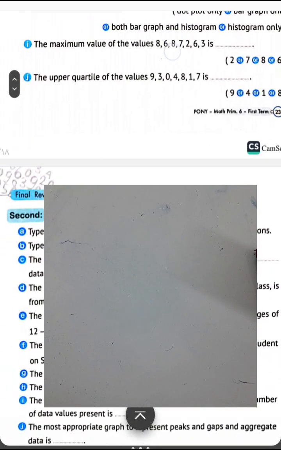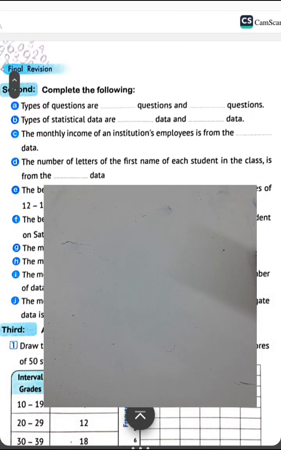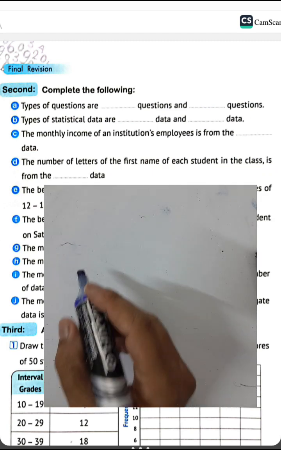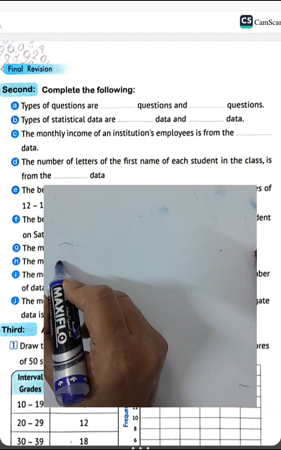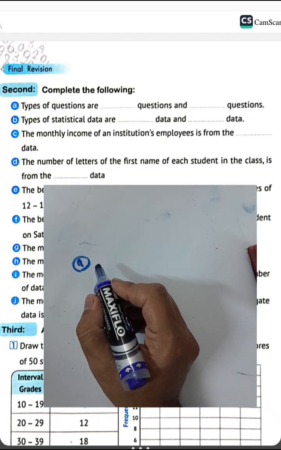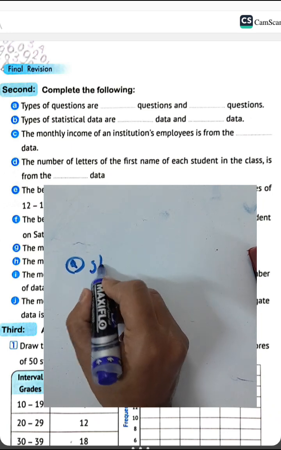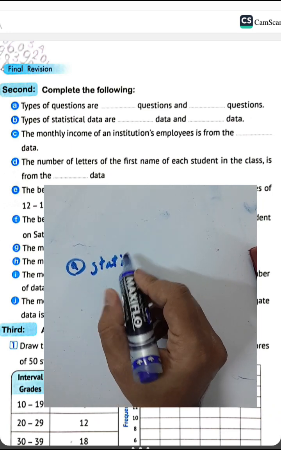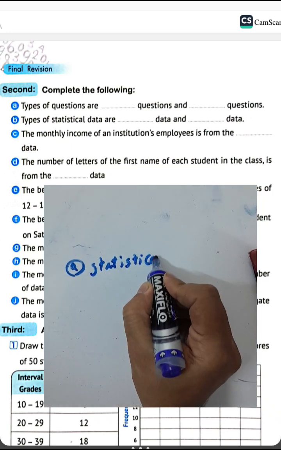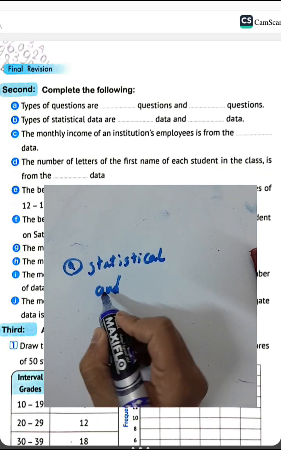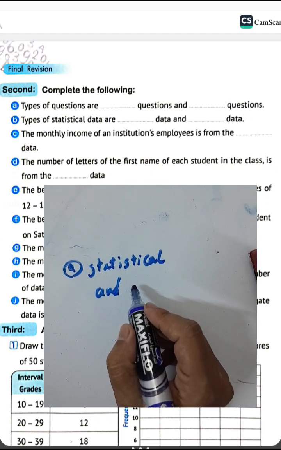Next question. Second, letter A. Types of questions are blank questions and blank questions. We have statistical and non-statistical. Letter A, we must write here in the first space and second space: statistical and non-statistical.